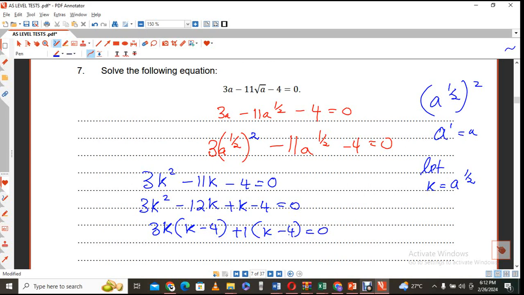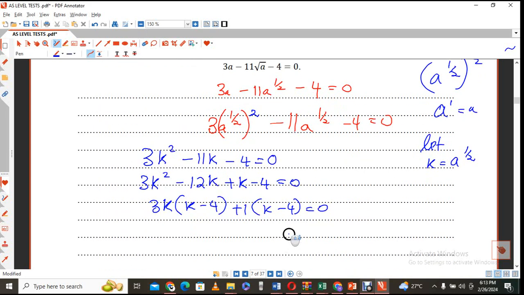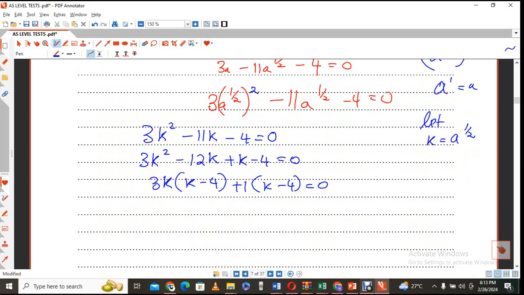Remember, this is revision work from grade 11. You should know how to factorize quadratic equations for that matter. So I will have 3k plus 1 in one bracket and k minus 4 in the other bracket. If I have to find the answers, k will equal negative a third or k will equal 4. That is if you make each bracket equal to 0.